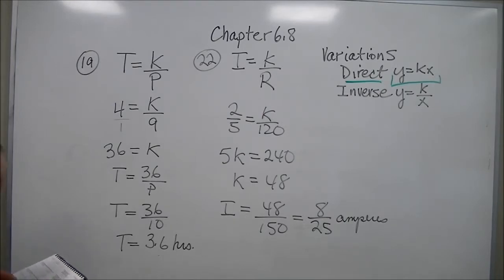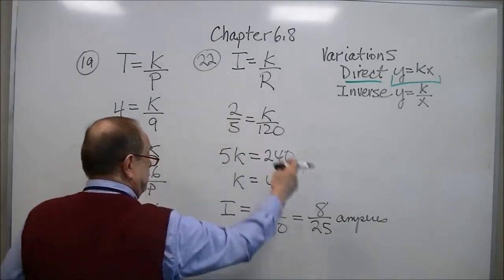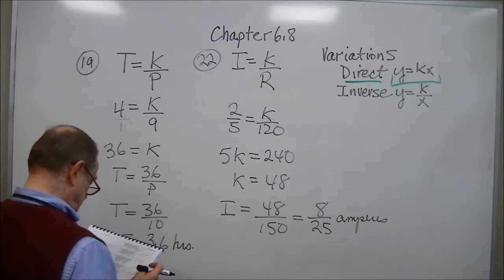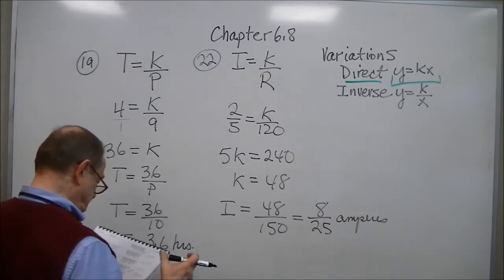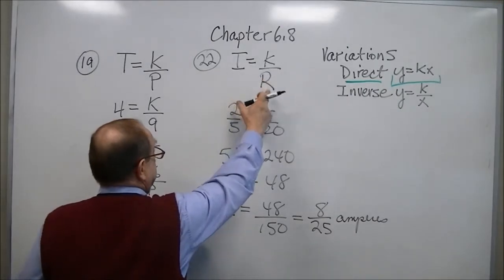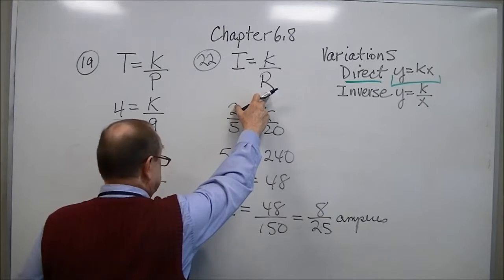For number 22, they say the current I, which is measured in amperes, in an electrical conductor varies inversely to the resistance, which is measured in ohms.